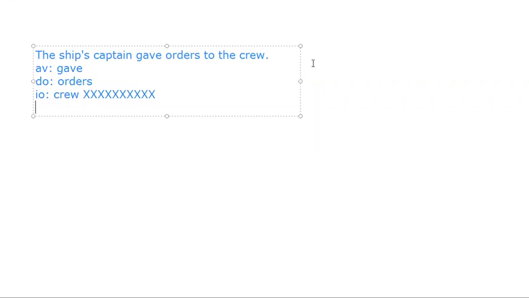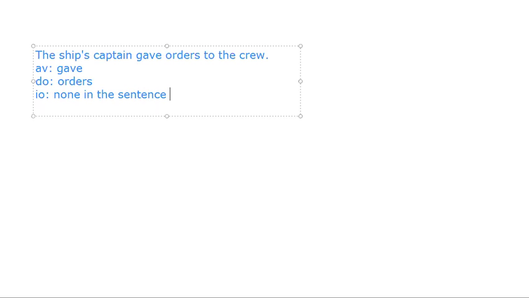Why? Because if you look, you would see that the word crew is an object of preposition that belongs to the prepositional phrase to the crew. So in this sentence, you would say that there's none. We do not have an IO in the sentence. He gave the orders to the crew. Yes, it says to the crew, but is the word crew an indirect object? No, it's not.